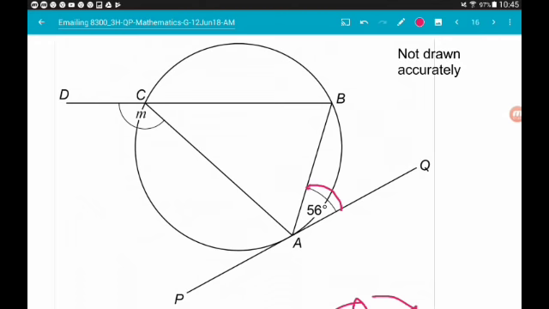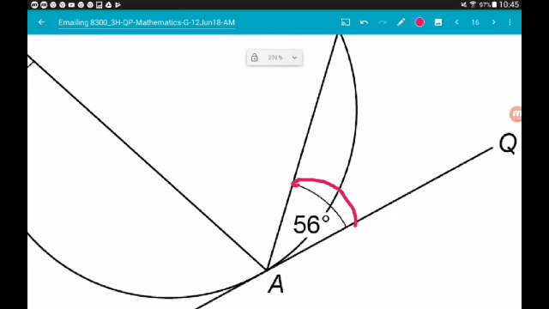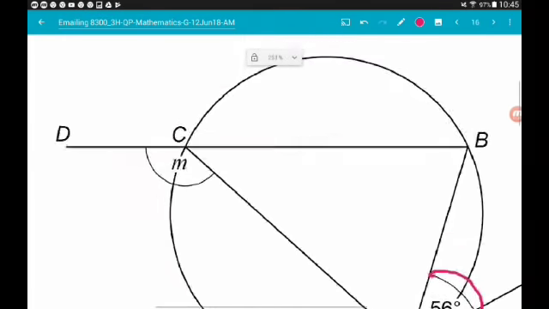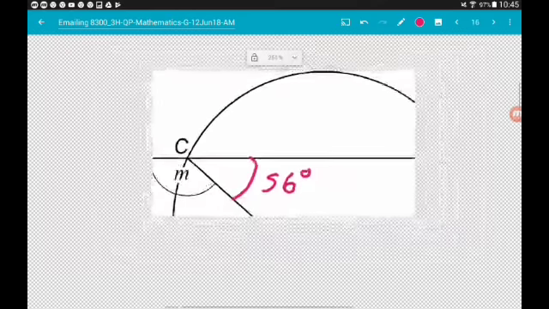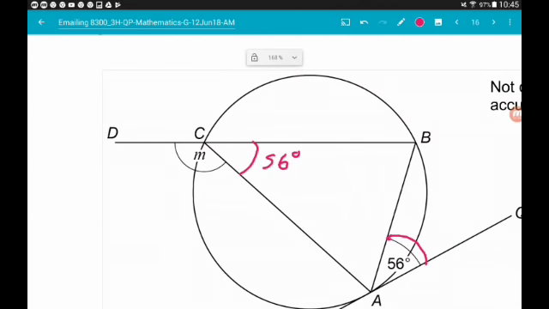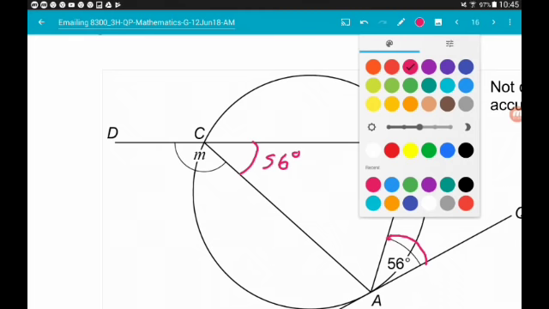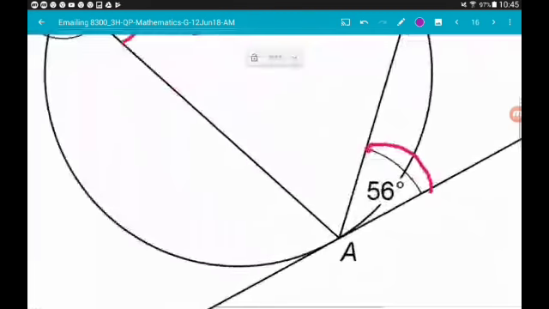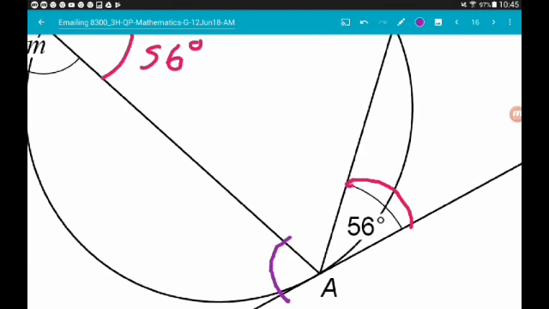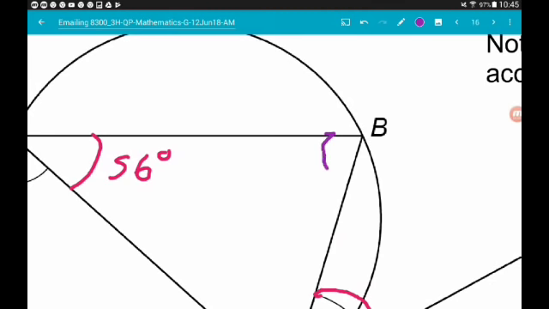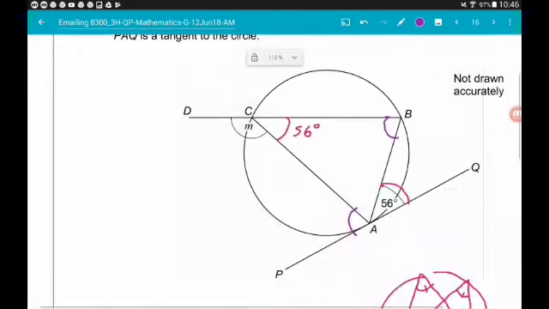The theorem that we would use is that this 56 degree angle down here is equal to this angle here. So he's right saying that, but he's used the wrong theorem. This theorem is called the alternate segment theorem. So just to point something else out, by the alternate segment theorem, this angle here would be the same as that angle in there.